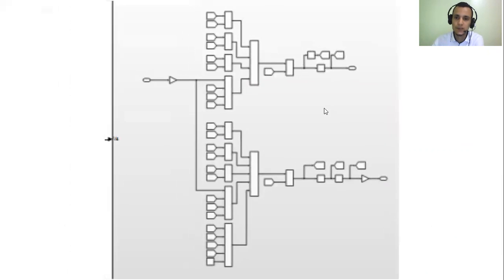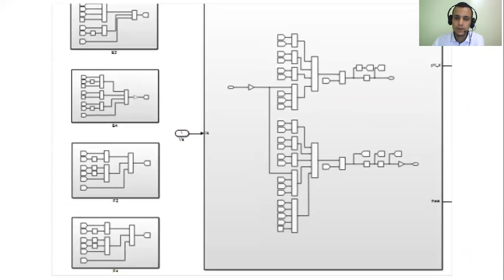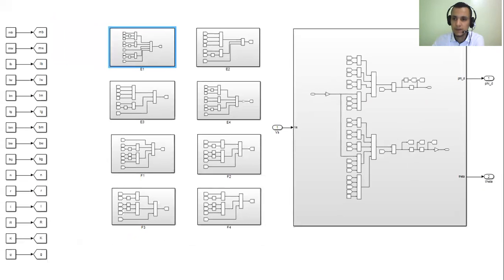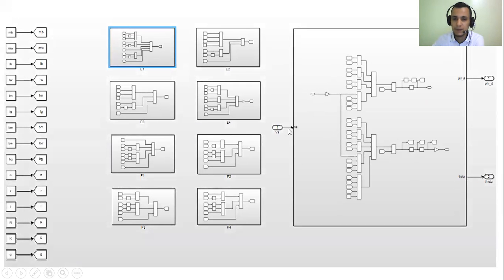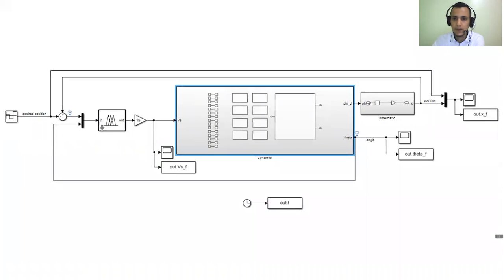So as outputs, we have phi dot and theta. As input, we have Vs. Phi dot, we integrate it again, and we get the phi, and the phi we multiply by r, and we get the x, which is the position.